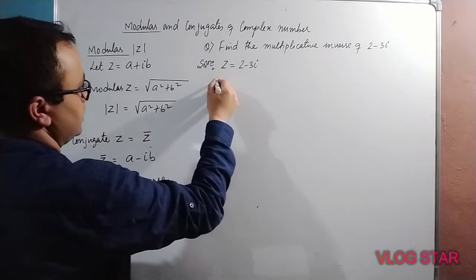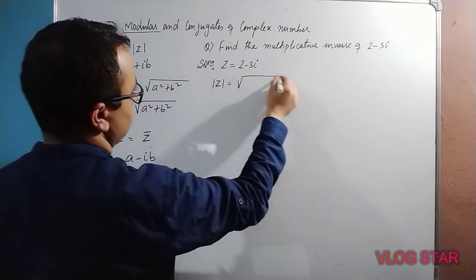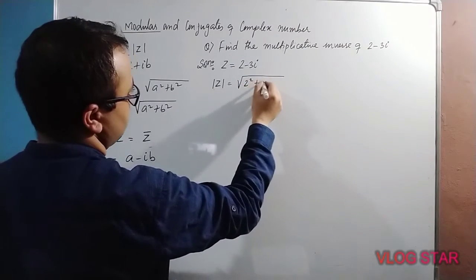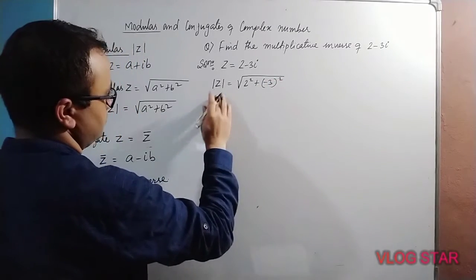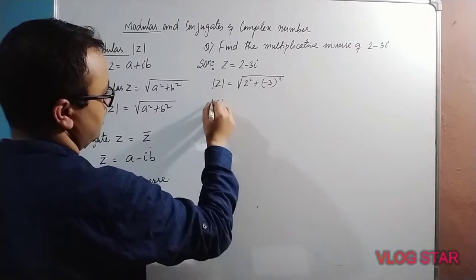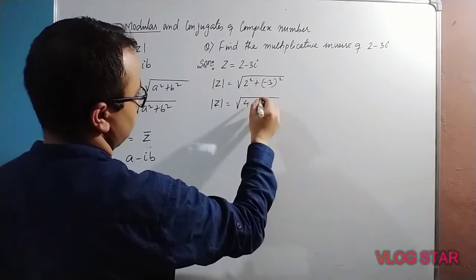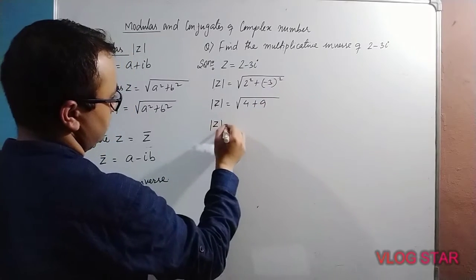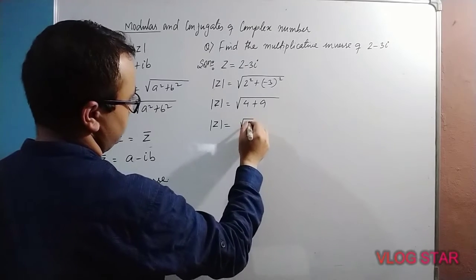Now first calculate the modulus. |z| equals root under 2 square plus (minus 3) square, which is 4 plus 9, so |z| equals root under 13.